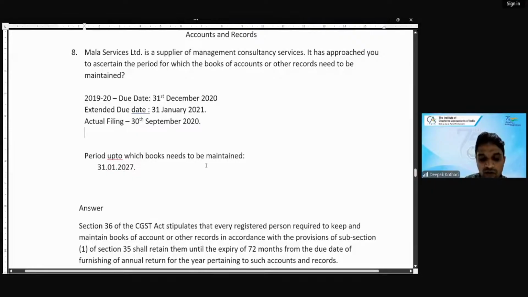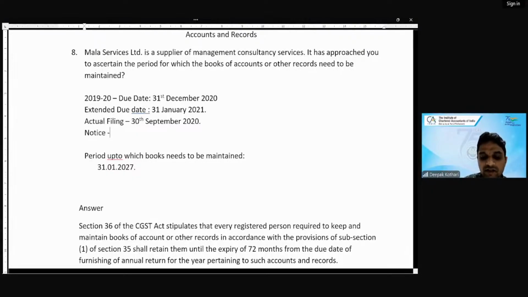Now, there is a notice which is issued on, okay, 31st December 2024. They have time limit to issue notice up till 5 years. Okay. So they have issued a notice on 31st December 2024.